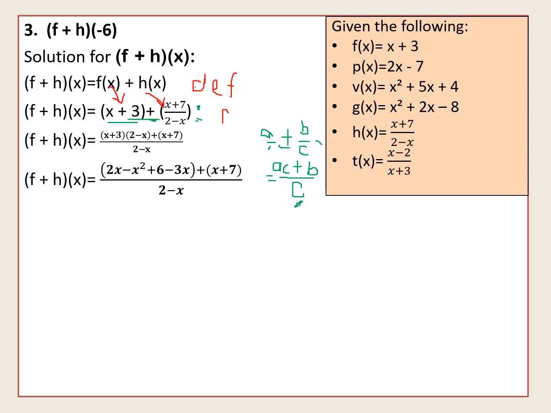FOIL method po. So, x times 2, it is 2x. Okay? Then, x times negative x, it is negative x squared. Okay, next, 3 times 2, it is 6. Then, 3 times negative x, it is negative 3x. Okay?